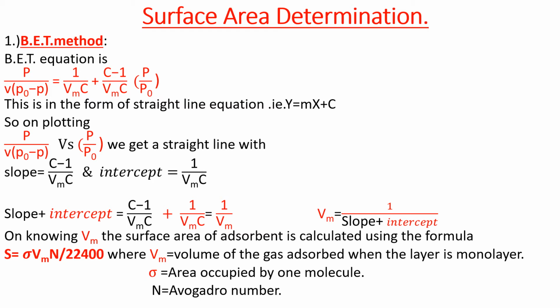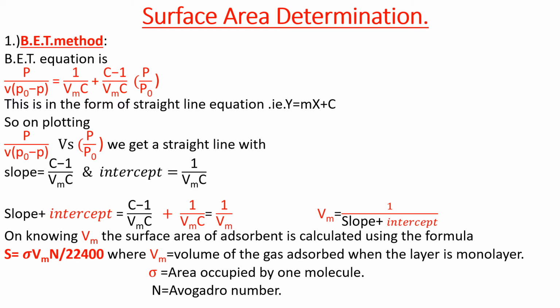We know all these terms: P is pressure, V is volume, P0 is saturated pressure, Vm is the volume of gas adsorbed when the layer is monolayer, and C is a constant. Now this equation is in the form of a straight line equation, y equals mx plus c.